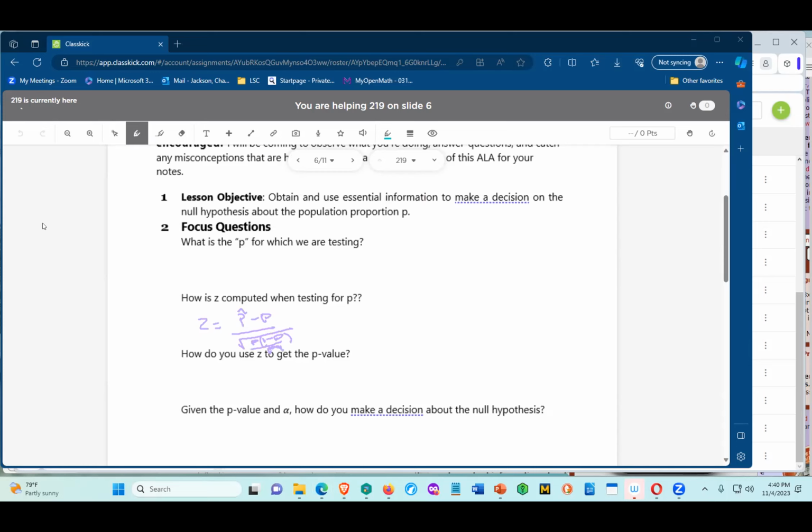Can y'all see that? Is that what it's asking? Yes, that's good on that second focus question.